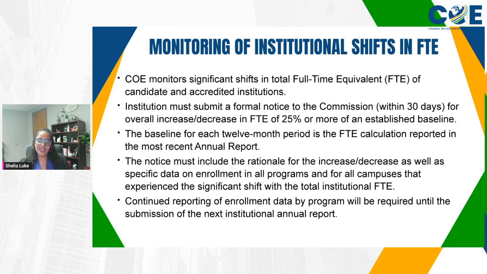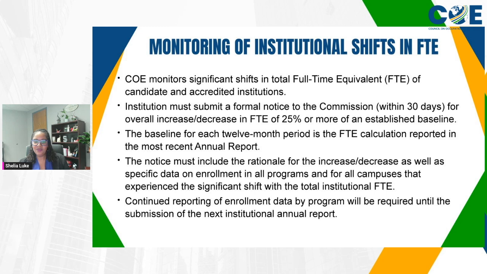On the contrary, if your school experiences a rapid decrease in FTE, well, this obviously can have a considerable financial impact on the school. As we know, schools rely on enrollment as a major contributor to the financial stability of the school. So these are just a few examples of how significant shifts in your enrollment may impact your school.